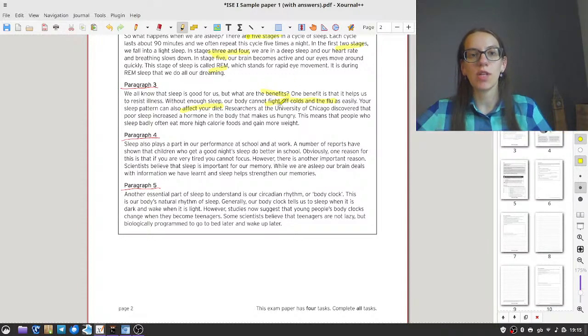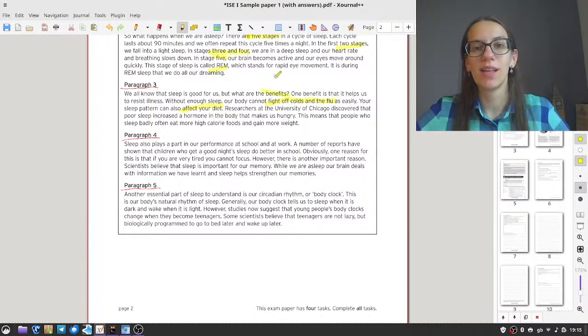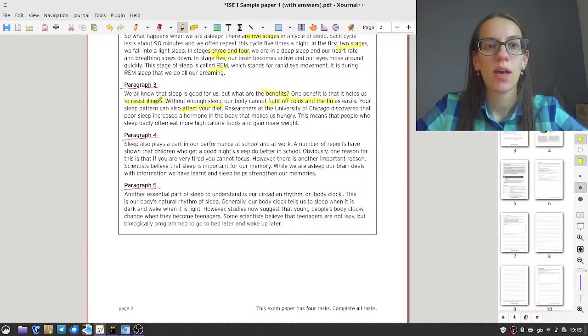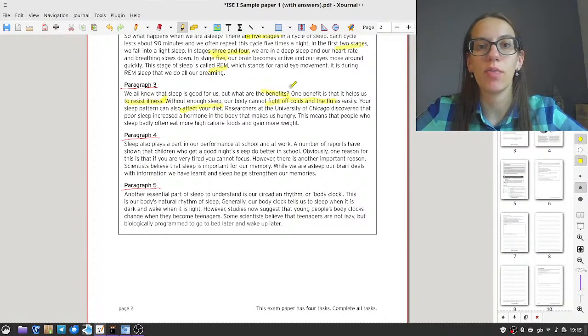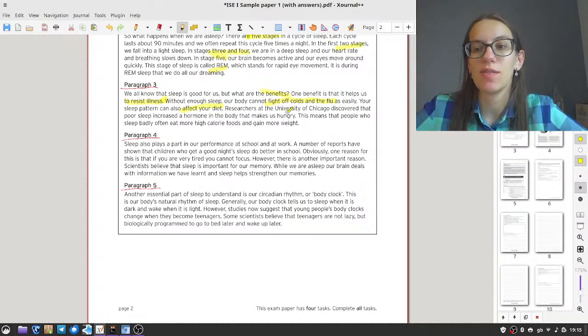Yeah, so without enough sleep, our body cannot fight off colds and the flu. So we need to sleep well to resist illness. Yeah. So basically, it's all about health, our health. Yeah, other parts of our health.